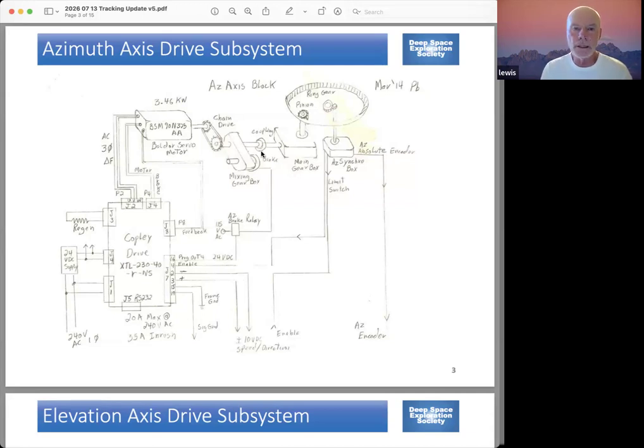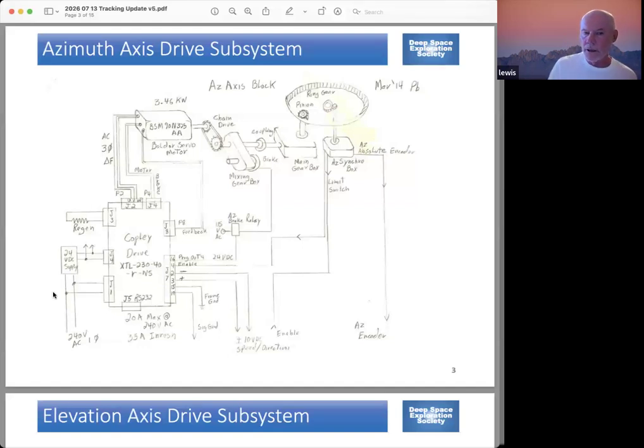One thing I want to point out is the power system that goes to the Copley. It takes a 240 volt input. I believe that comes from downstairs, from the circuit breaker in the base of the tower, which turns that on.